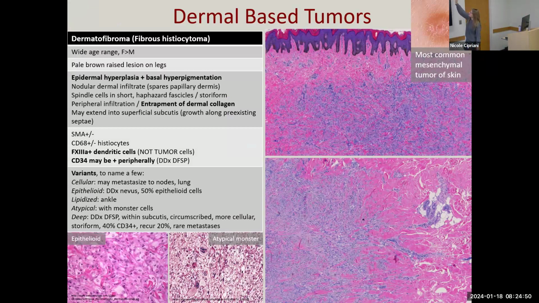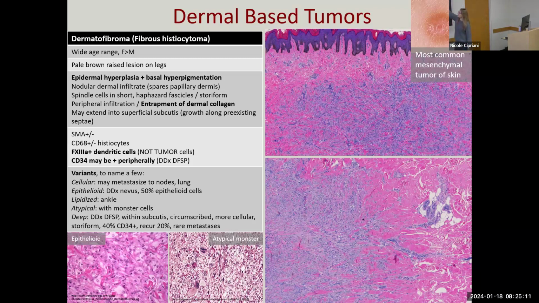When you see them on biopsy, they're hyperpigmented because the epithelial layer above the tumor has basal elongation and hyperpigmentation. And the thing that causes the bump is the spindle cell proliferation in the dermis.